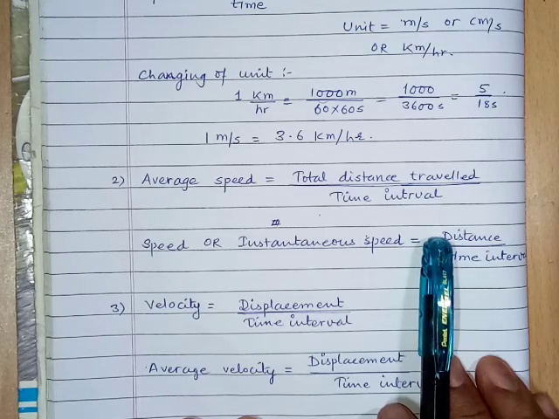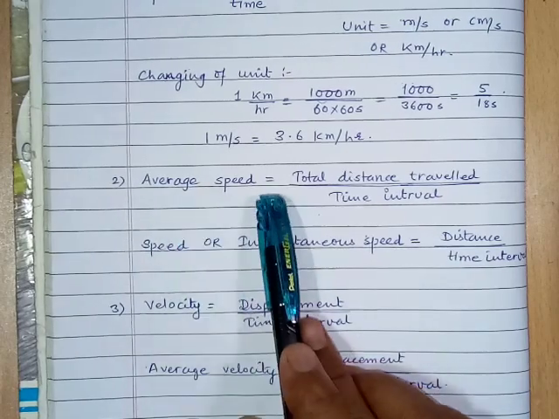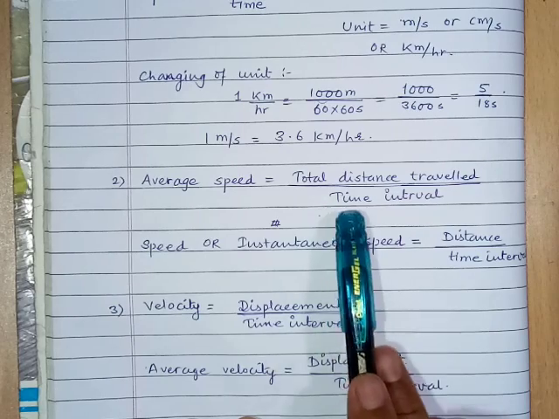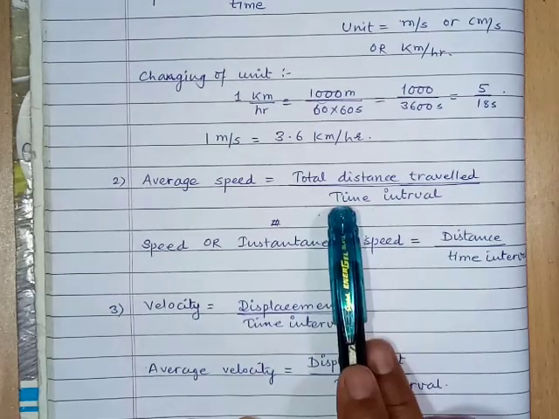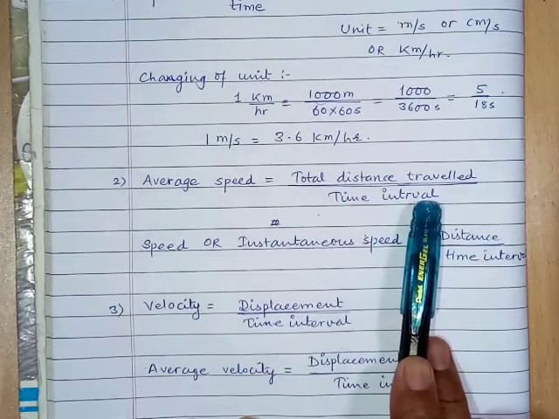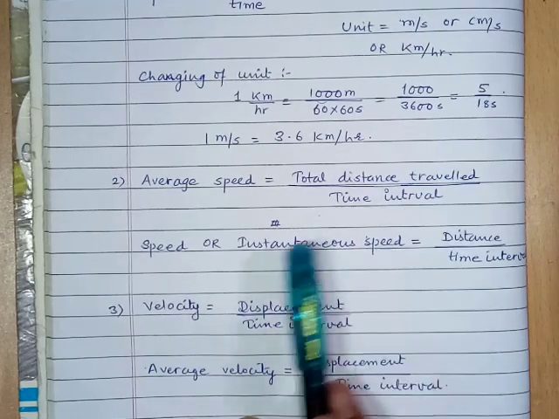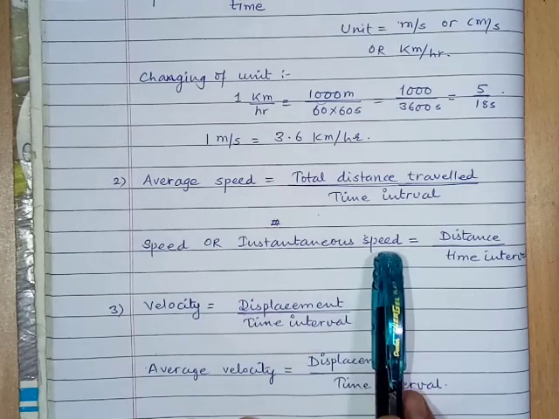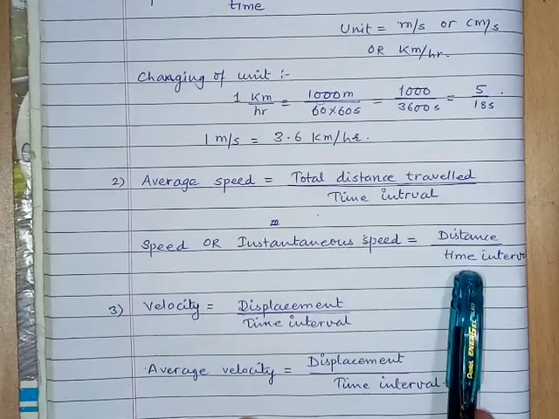In that case we have to calculate the average speed. Average speed is equal to the total distance traveled by the object divided by the total time required, that is the time interval. Or sometimes we have to use instantaneous speed, which is equal to distance divided by that particular time interval.